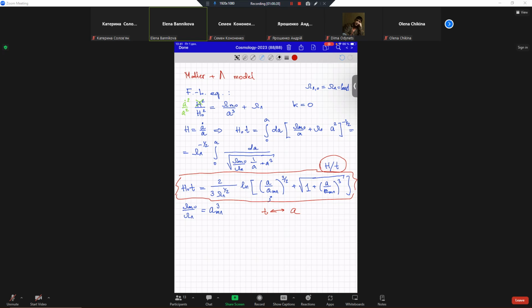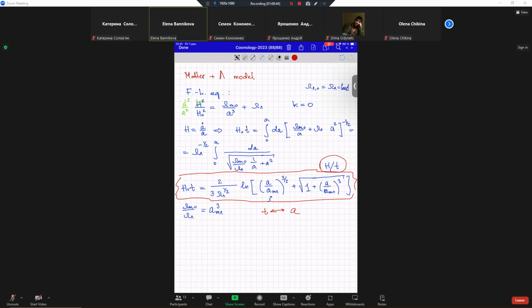So it means that in principle we can estimate the cosmological age, the cosmological moment when we pass from the ordinary matter to the lambda term.